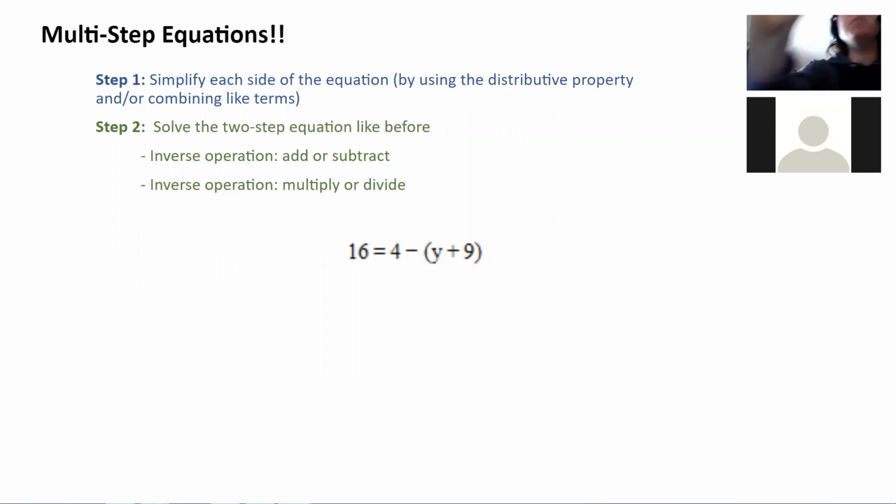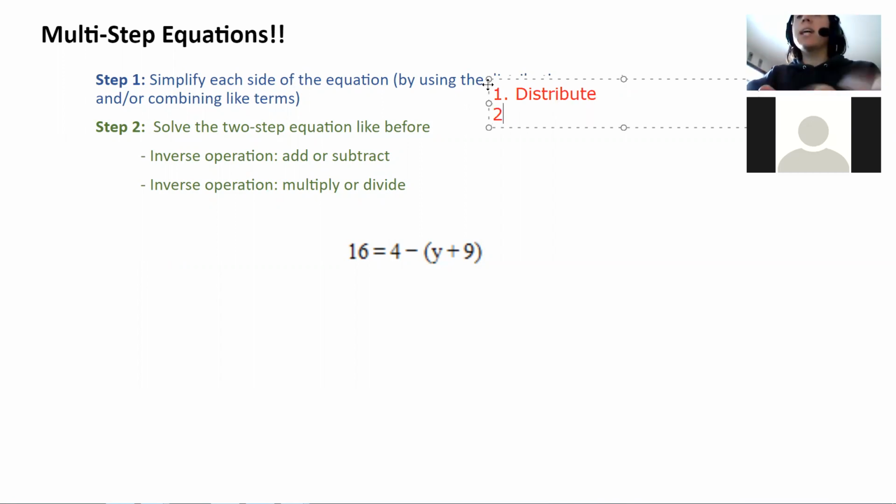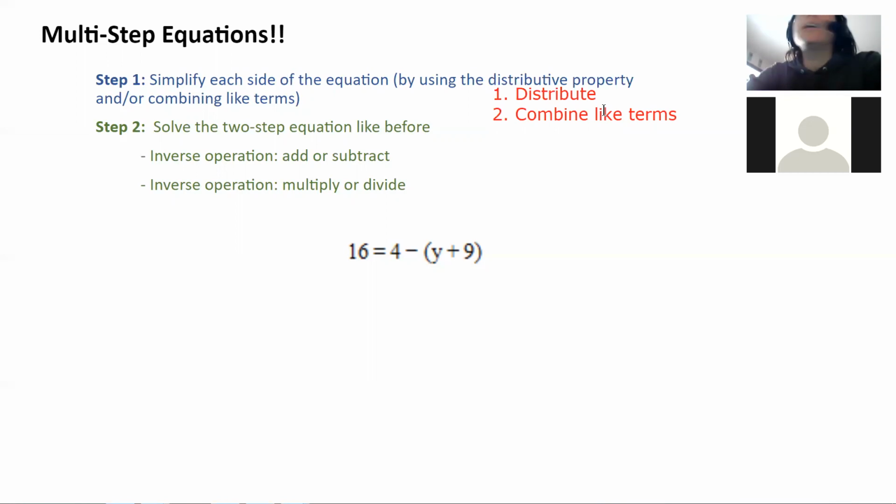Okay, and here's what I'm going to tell you. If you have to distribute, it will always be first distribute and then second combine like terms. That's how it most often will be. You will always distribute first. If you don't have any parentheses, then you just combine like terms.